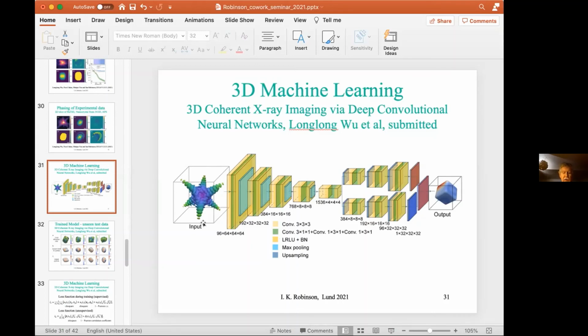The wavelength doesn't even go in until that final step of projecting out the object into XYZ real space coordinates. And we do the same here. We do the machine learning in detector coordinates and then project out to the lab coordinates at the very end.